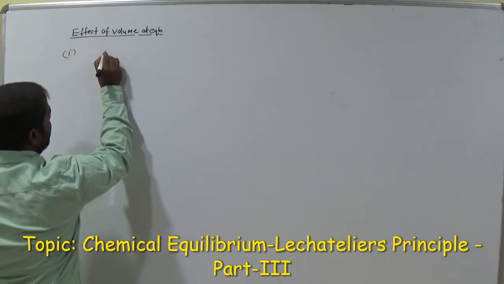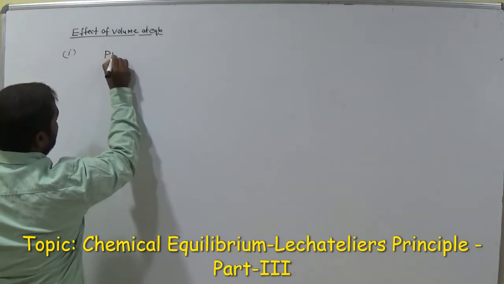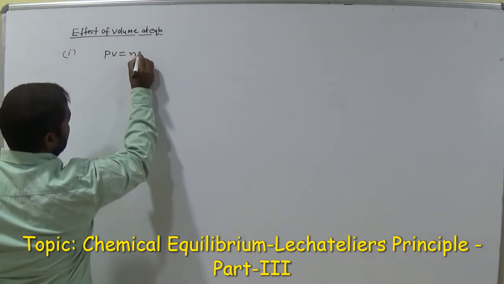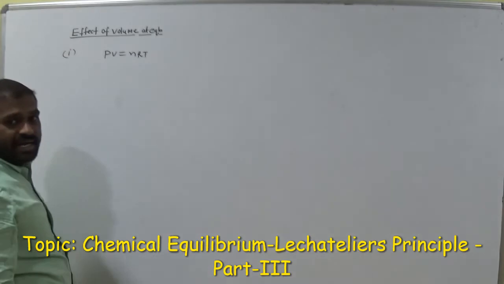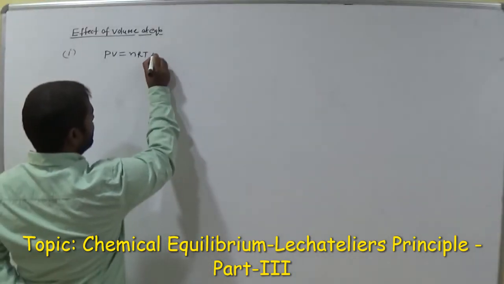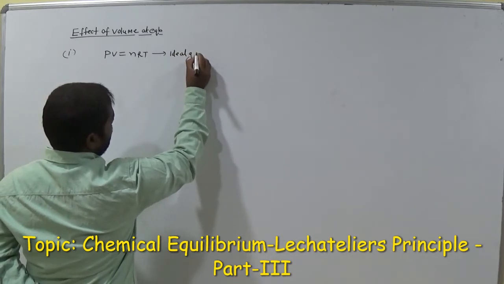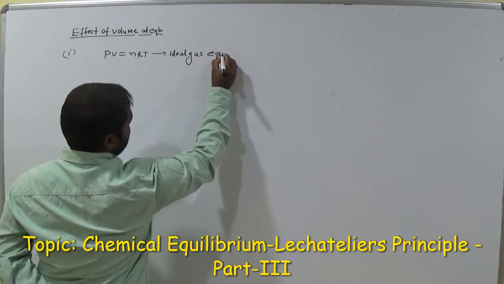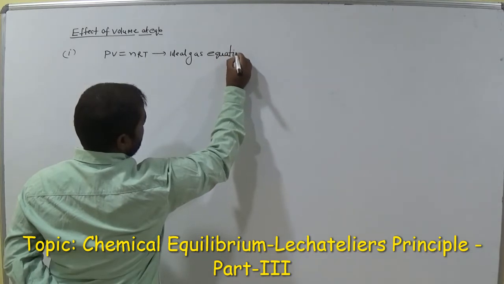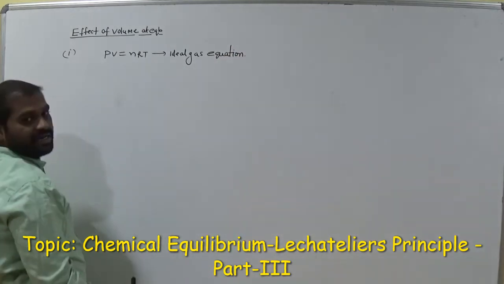So you know about the ideal gas equation, PV = nRT.